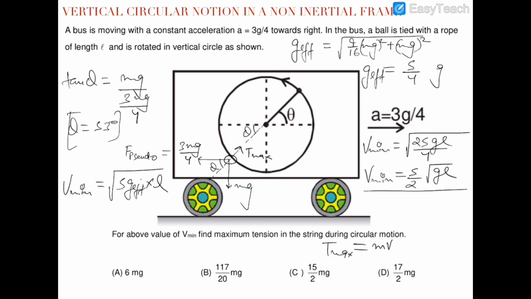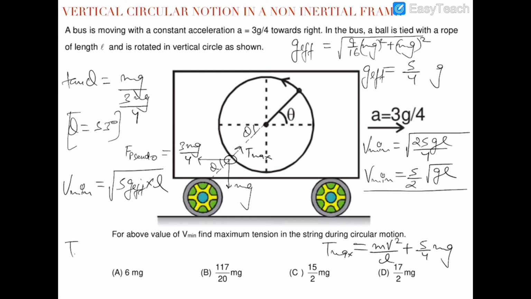mv square upon L, as well as the resultant force of this. So the resultant force will be 5 by 4 mg, the resultant of this pseudo force and this mg. The value of v is already 5 by 2 root gL.